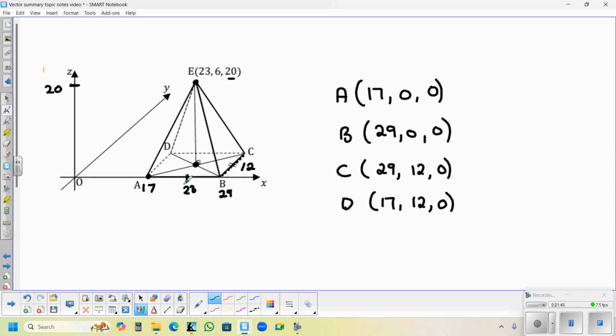Now, that side is the same as that side. So I know that whole distance there has got to be 12, but they tell me that it's going to cross in the x-axis to 23. So I know that that bit's got to be 6 and that bit's got to be 6. So from the 23, take 6 away, takes me back to 17. From the 23, add 6 on, and it takes me to 29. And that's how you got all the coordinates.